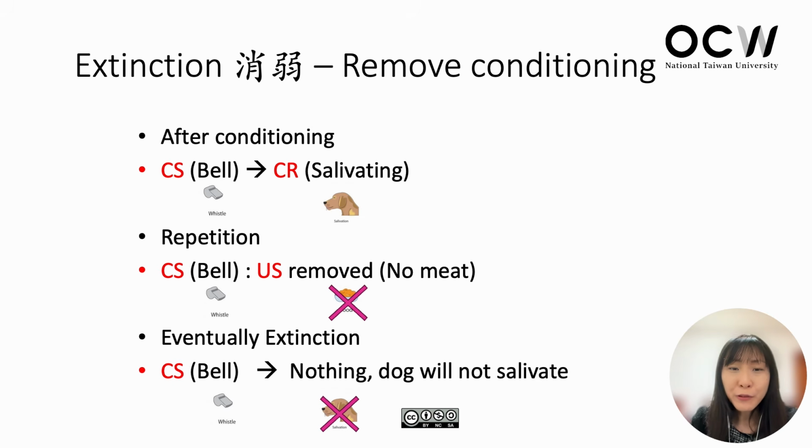Finally, let's learn how to erase the learned responses. This is called extinction. Classical conditioning can be undone using the reverse method. So the response to the conditioned stimulus can be removed if the conditioned stimulus is presented repeatedly without the original unconditioned stimulus.